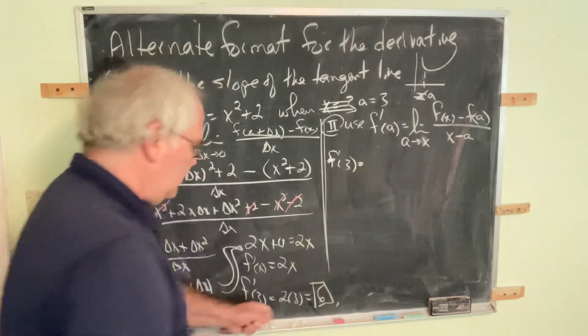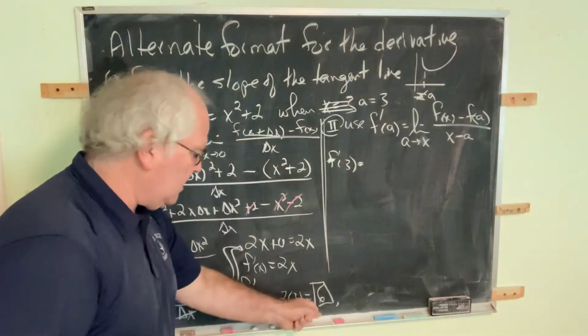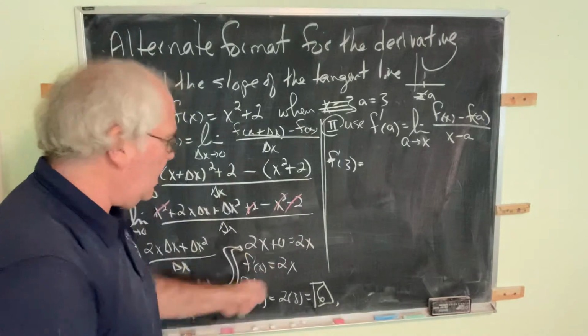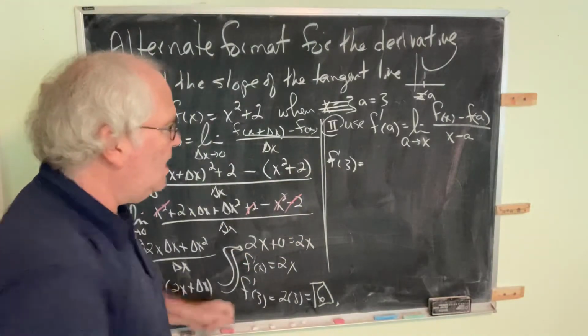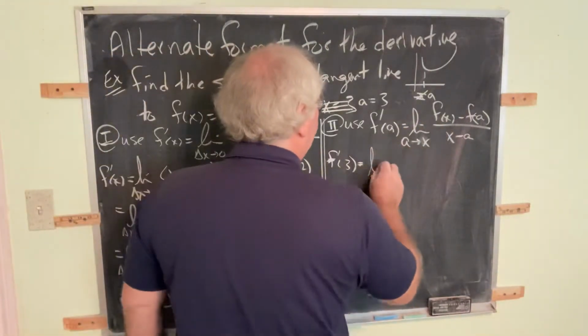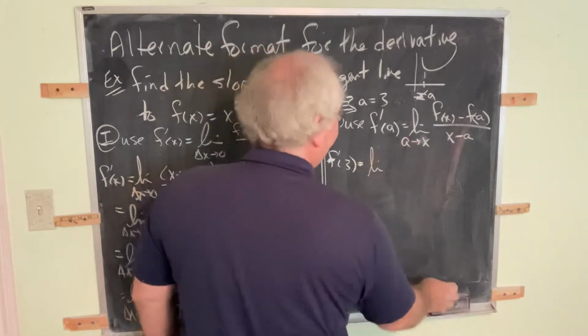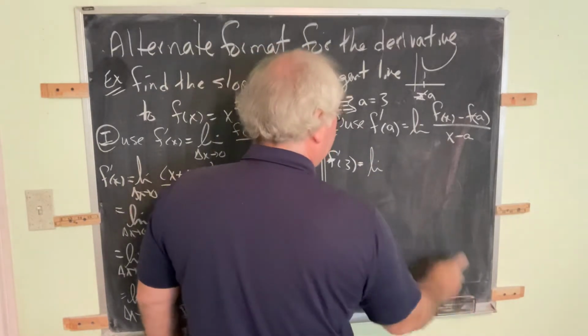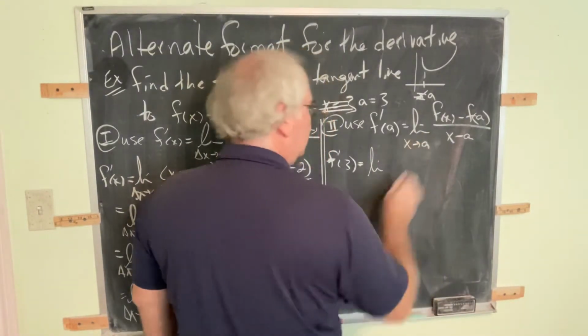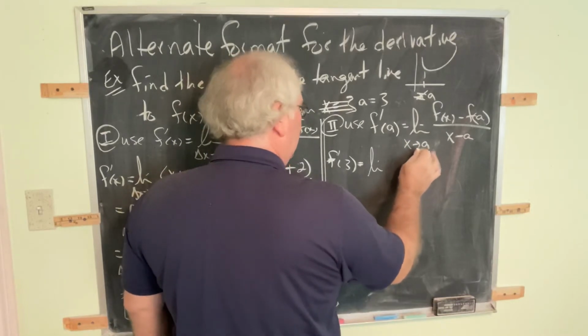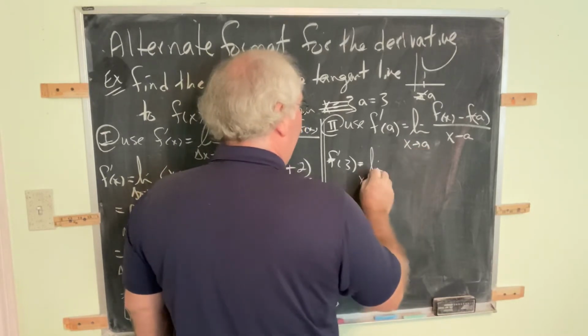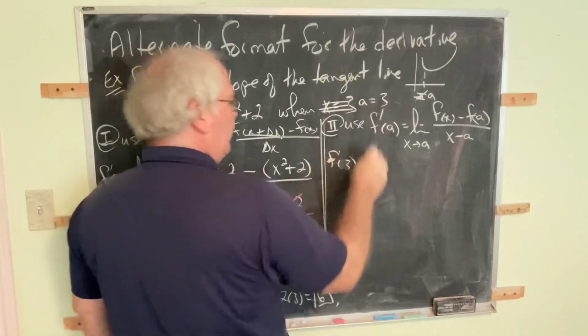And as we've seen, if this is correct, we better get 6 out of all this mess because we're finding f prime of 3. Use this notation. This is the limit as x approaches a, and a in this case is 3, all right?